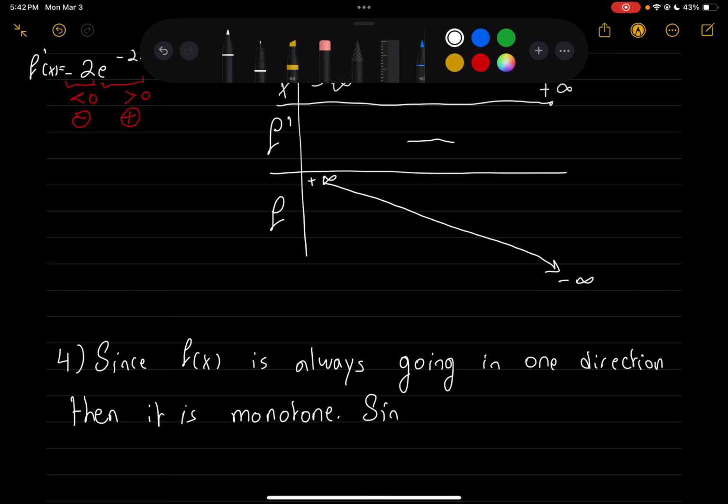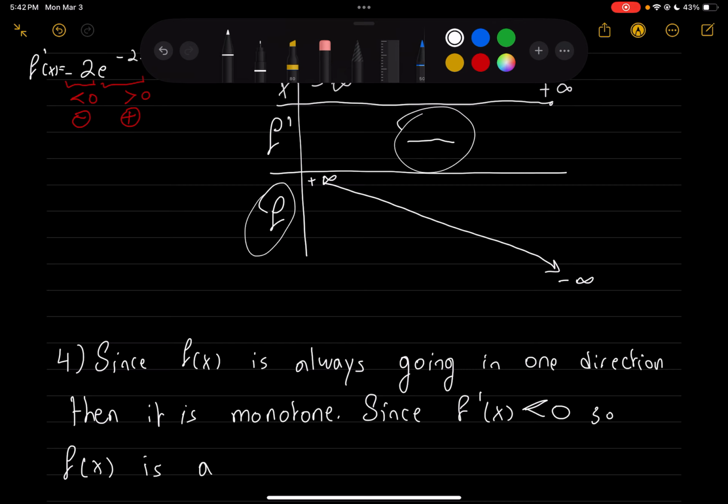And since f prime of x is always negative, according to the sign that we have over here, f of x, which is this one, is strictly, actually we like to say the word strictly, decreasing. That means it's always going down.